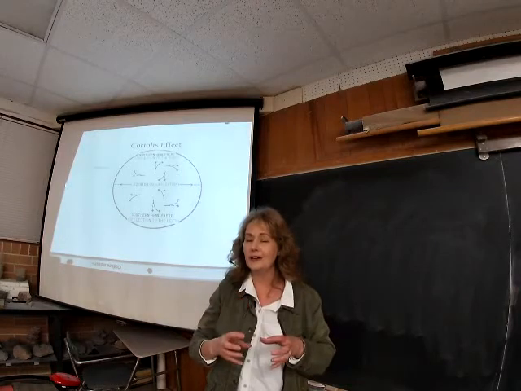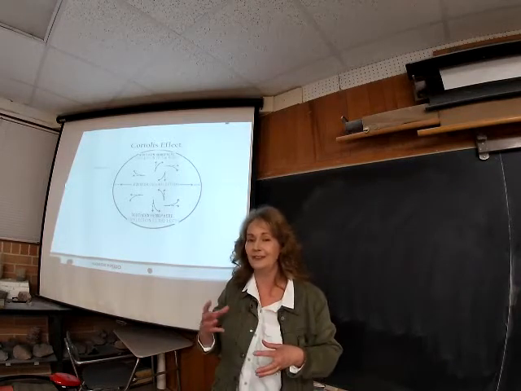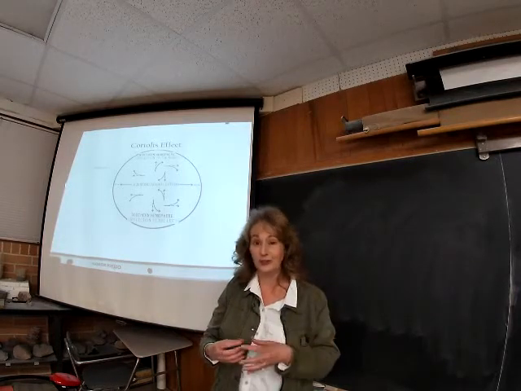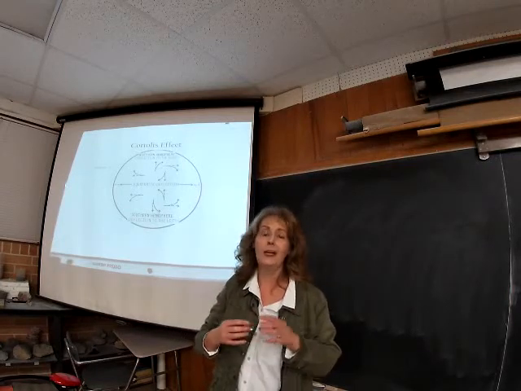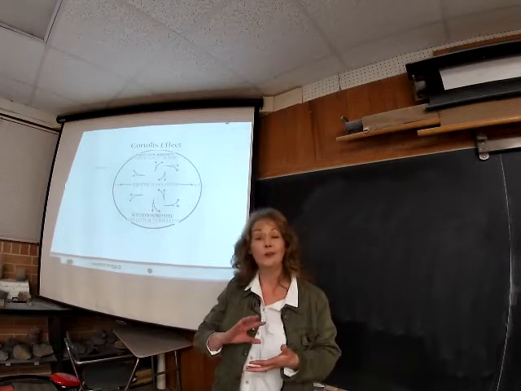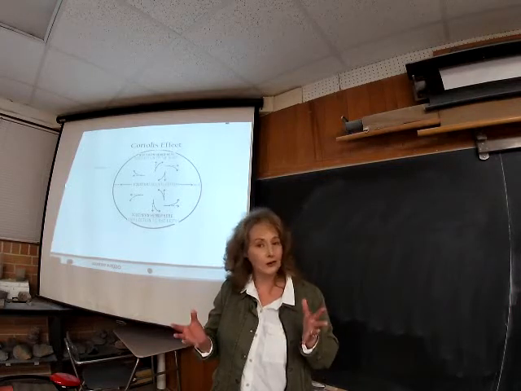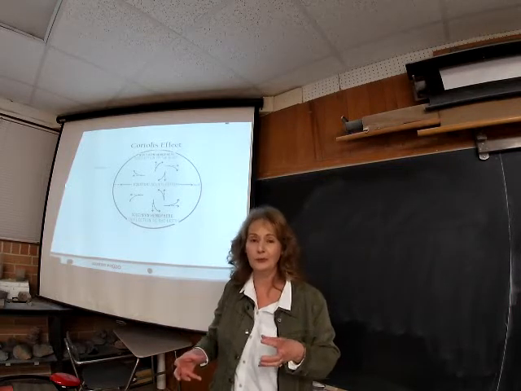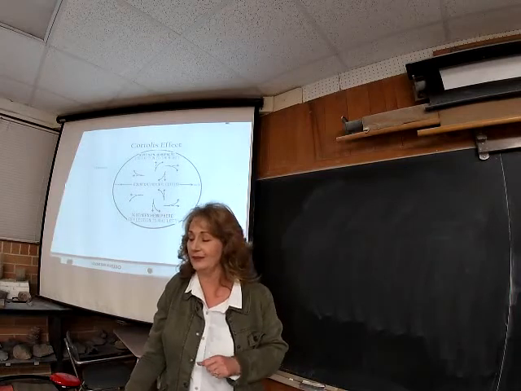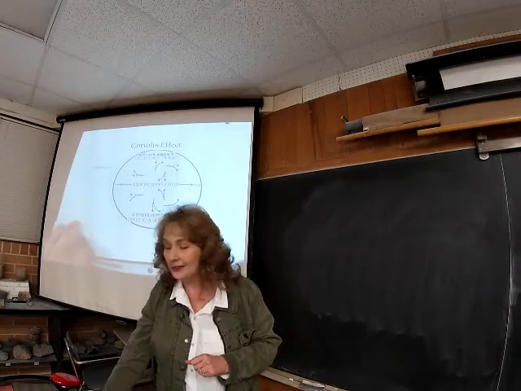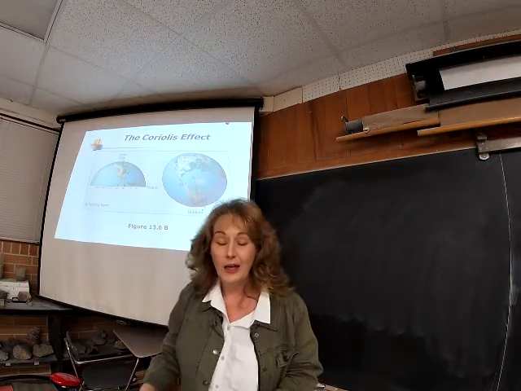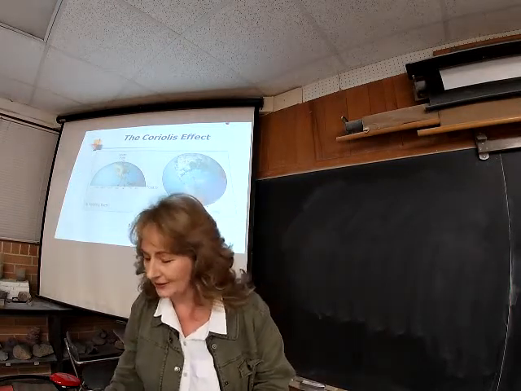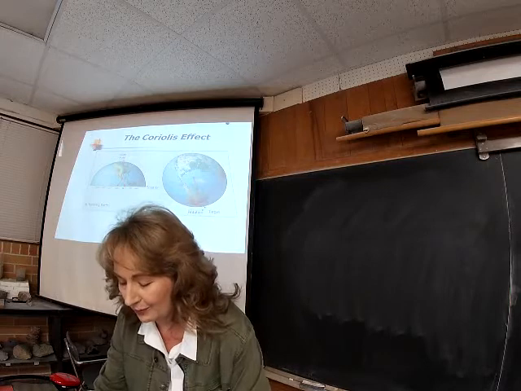The Coriolis effect combines with our pressure gradient force to give us that rotation in the atmosphere, either clockwise or counterclockwise, really depending on our pressure system. So the Coriolis effect is very important, a factor affecting the motion and rotation of the wind.